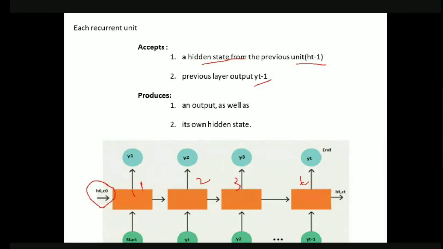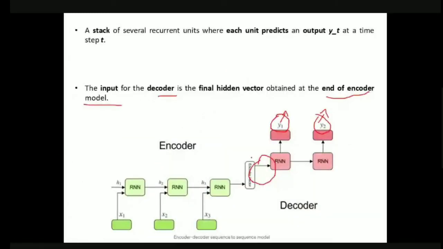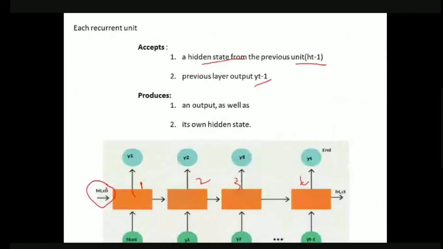For the first unit, what is the previous hidden state? The previous hidden state will be the encoder vector. The final hidden state will be the H0 for this RNN. Now C0, we know, is the cell state. Combined, H0 and C0 we call the internal state.